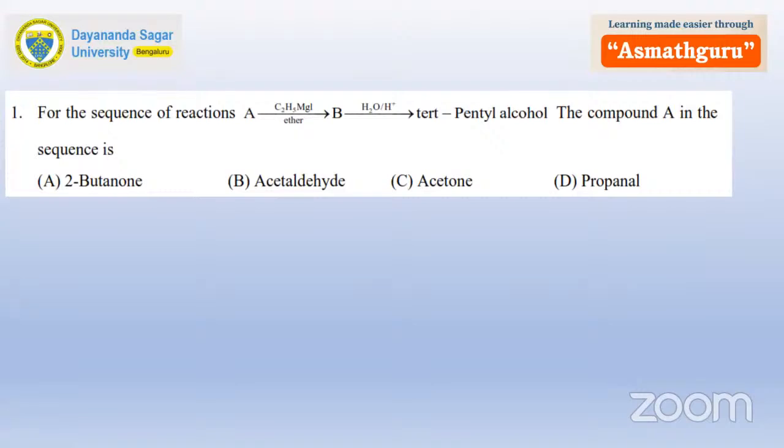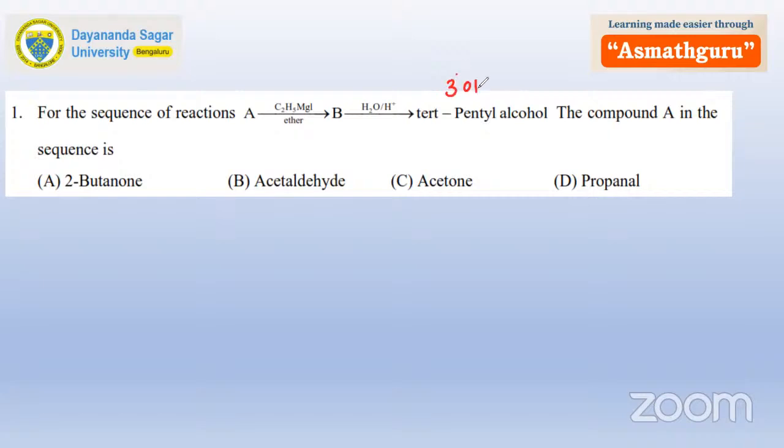In the sequence of reactions, A reacts with ethyl magnesium iodide to form B. B undergoes hydrolysis to form tertiary pentyl alcohol. What is the compound A in this sequence? How to solve this? Very simple, because we know you got tertiary alcohol here.